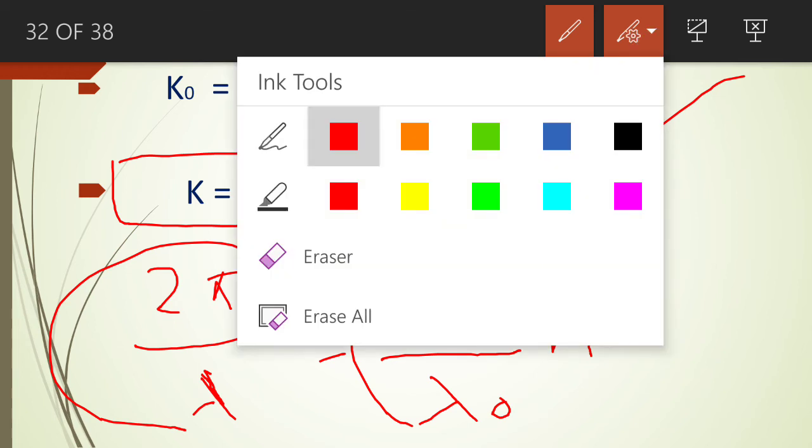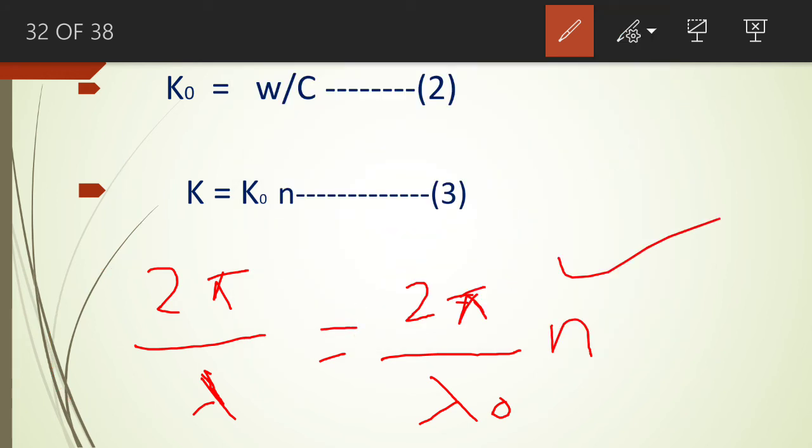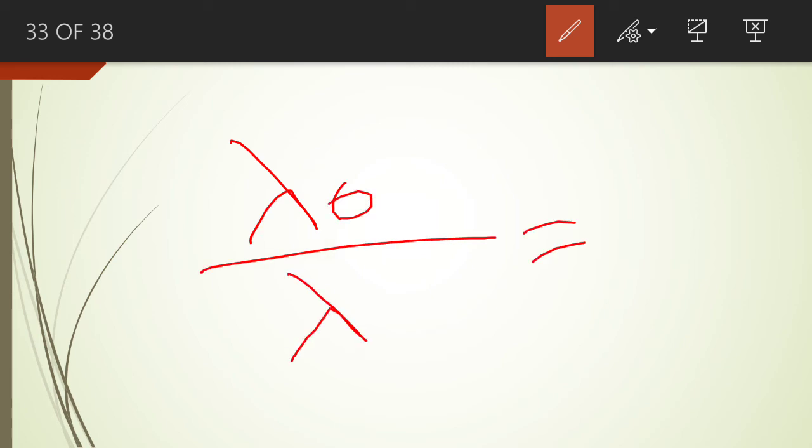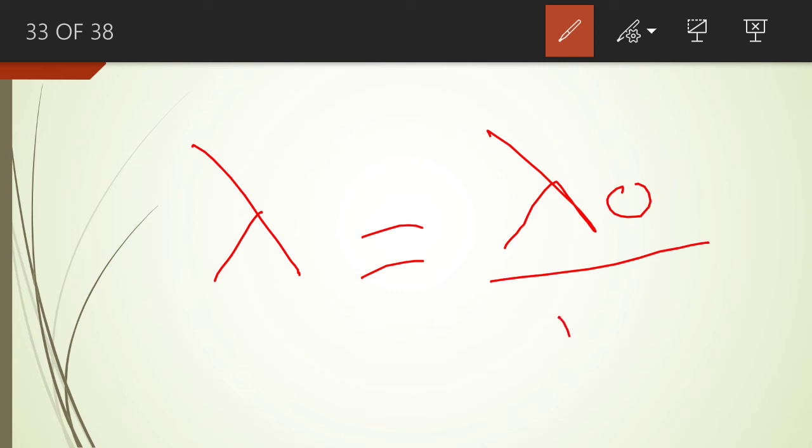If we simplify this equation, we get another relationship: lambda naught divided by lambda will be equal to n. So the simplification of the previous equation gives you this mathematical relationship, and lambda will be equal to lambda naught divided by n.